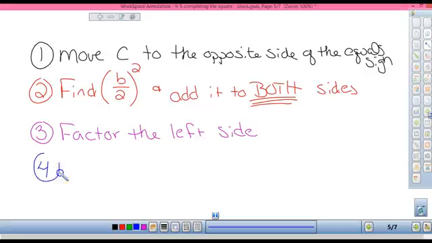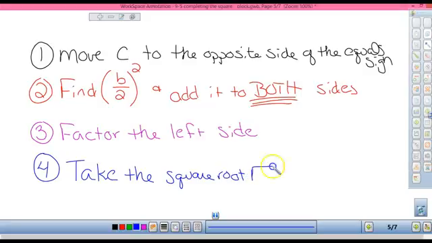All right, step 4. How do I get rid of a squared? What's the opposite of squaring something? Taking the square root, yes. So we're going to take the square root of both sides.